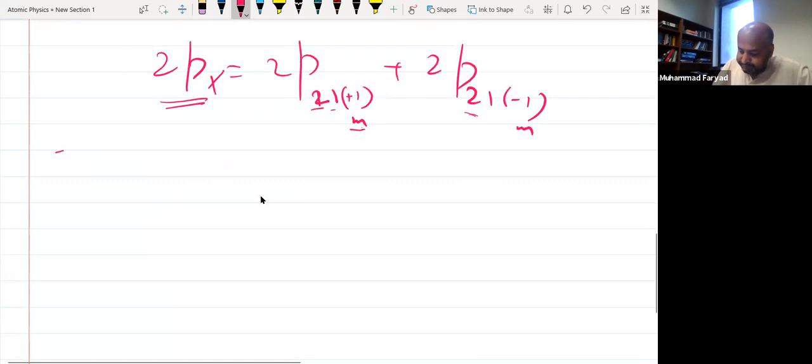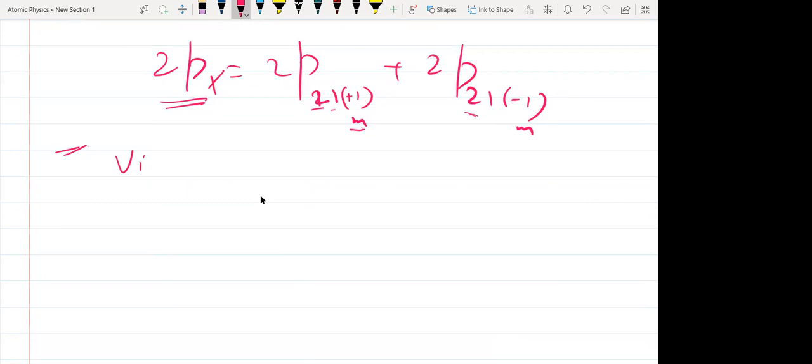Okay. So any question about these wave functions? All right. So if not, let's talk about visualizations.